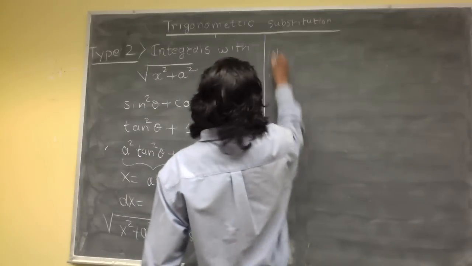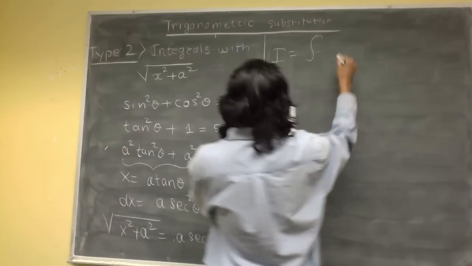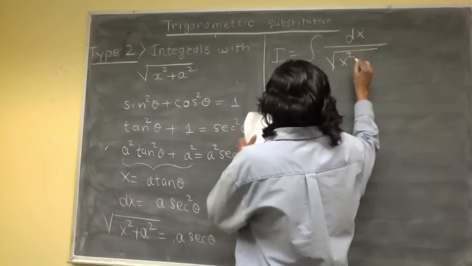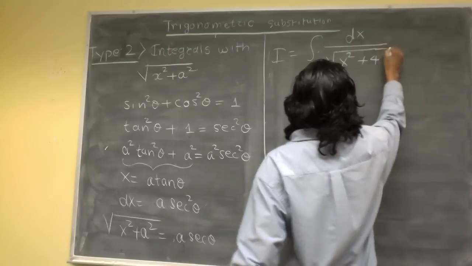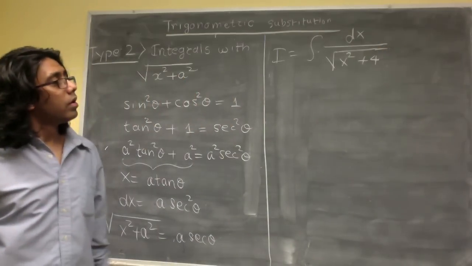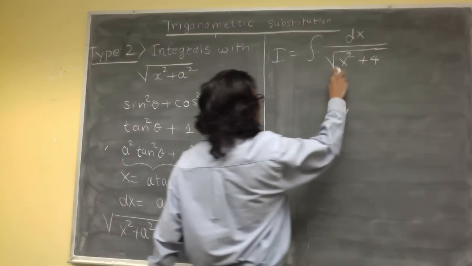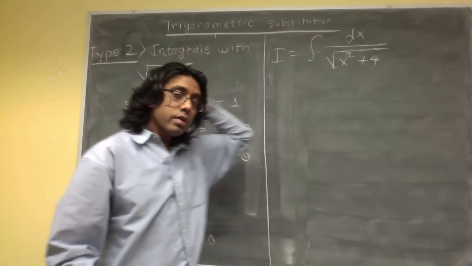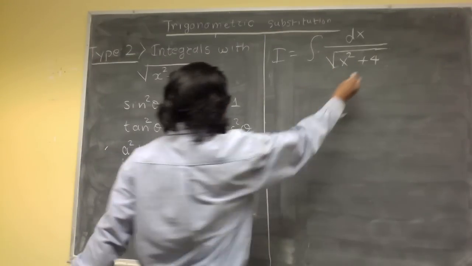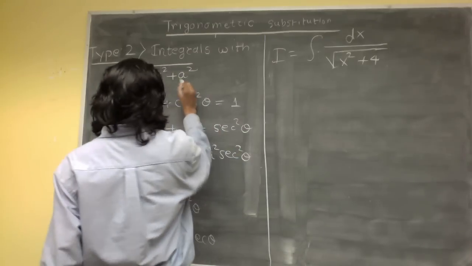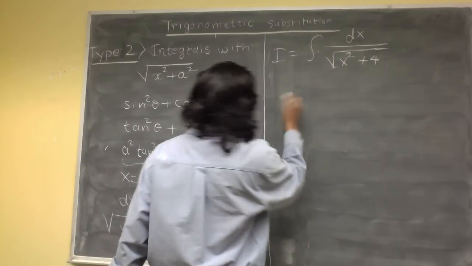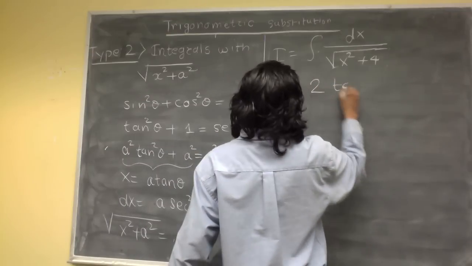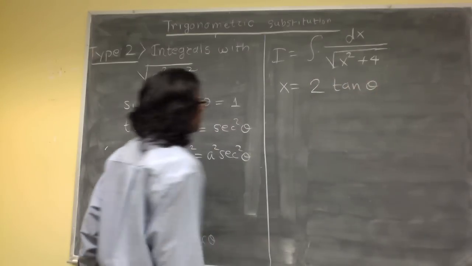So let us solve a problem. Suppose the problem is to find the integral of dx over square root of x squared plus 4. In this case again we have a term square root of x squared plus a constant. So this can be rewritten like this, where a is 2. So our substitution in this case is x is equal to 2 times tan of theta.